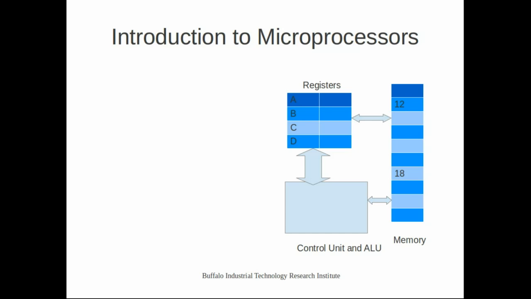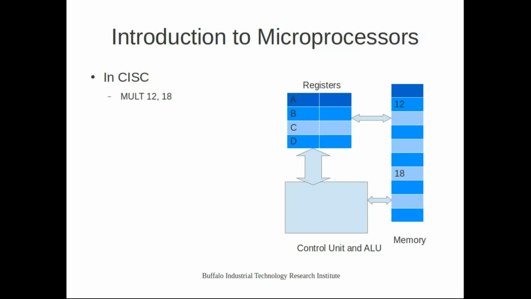In CISC computers, this could be done with a single instruction, as CISC computers supported complex instructions. This instruction takes a long time to execute. It fetches the data from memory, executes the multiplication, then stores the result in address 18.